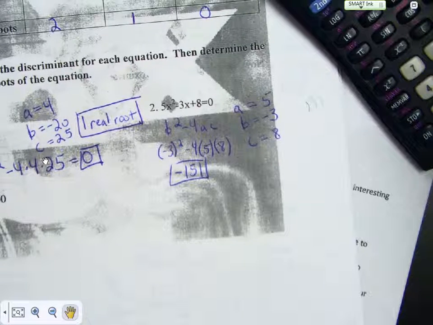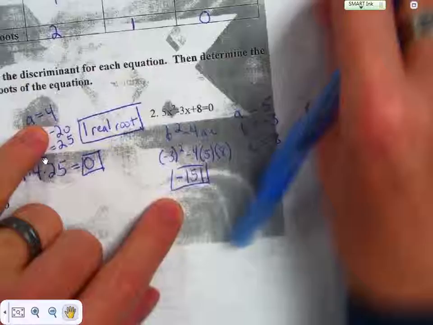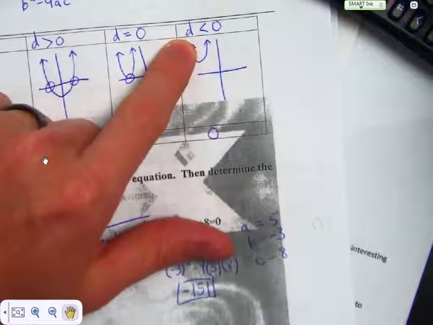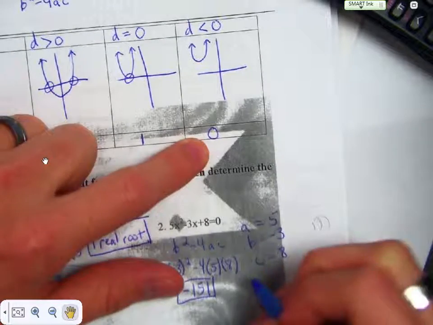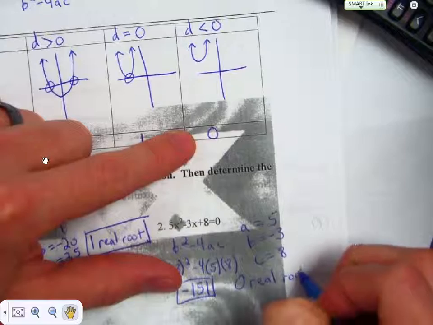Then it asks to determine how many real roots there are for this quadratic equation. How many real roots? If it's a negative, let's go back to our little cheat sheet up here. If the discriminant is less than 0, there are 0 real roots.